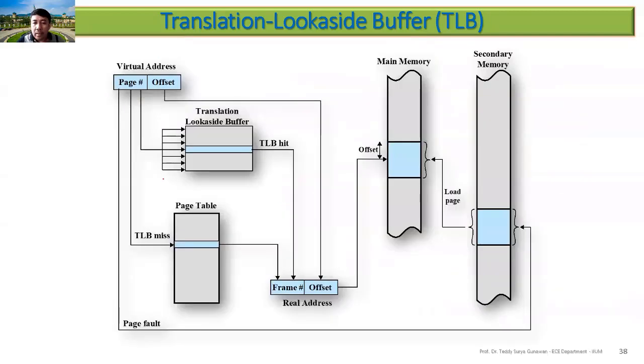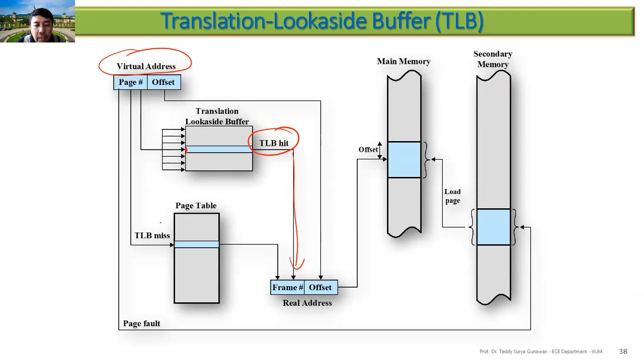So this is the translation lookaside buffer. Basically, it is like a cache for the page table. You have a virtual address, for example, and it is there in the translation lookaside buffer, in that location. This means a TLB hit. It is there already, so you just generate the output of the frame.